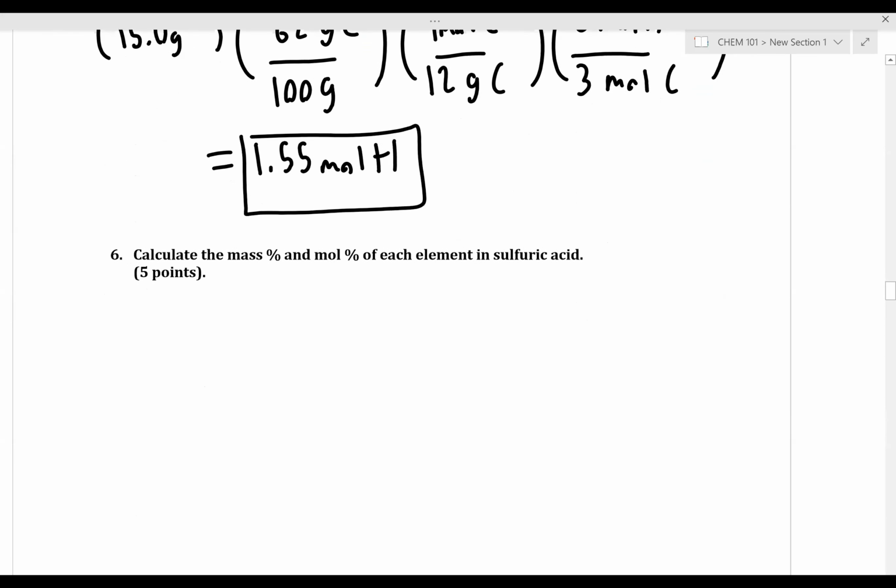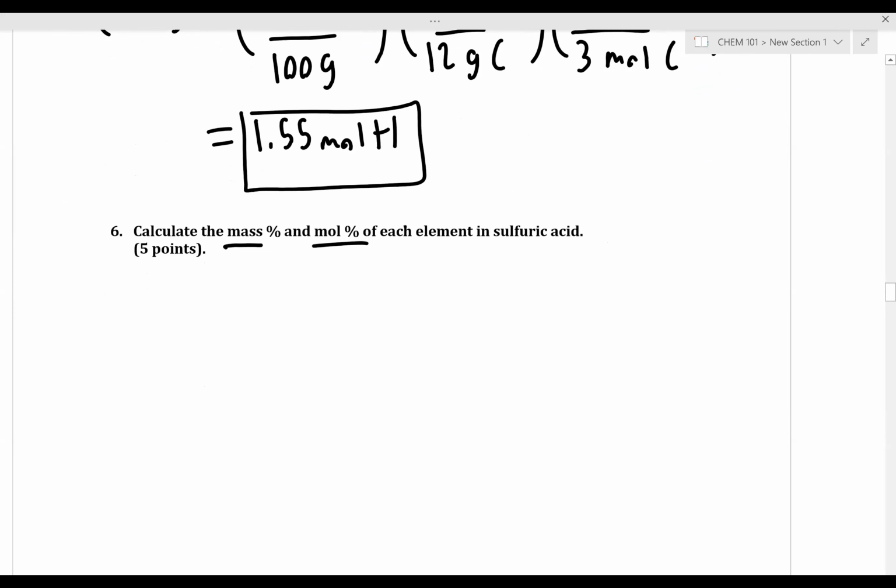Okay, our next question, we're asked to calculate the mass percent and mole percent for each element in sulfuric acid. So what's the formula of sulfuric acid? Yep, H2SO4. So first, let's do the mole percent. Let's do hydrogen. How many atoms of hydrogen do we see? 2.